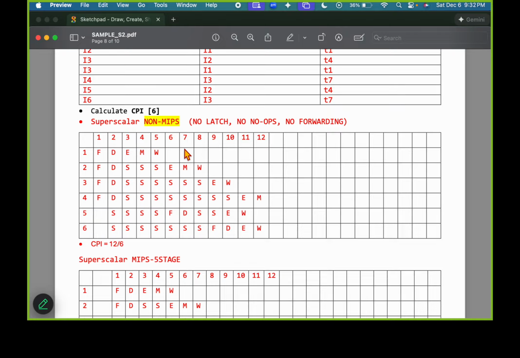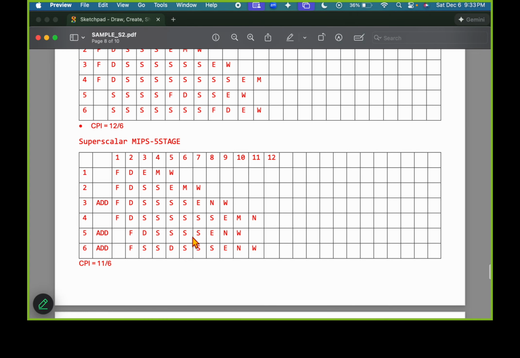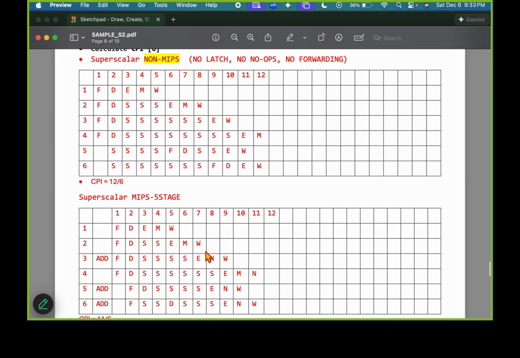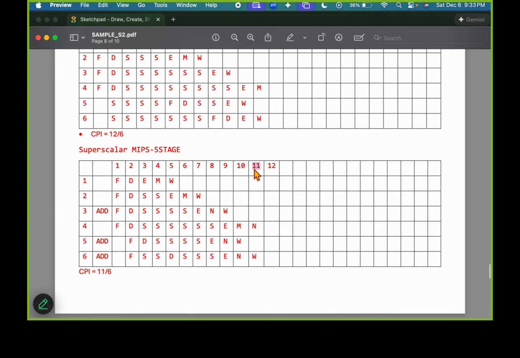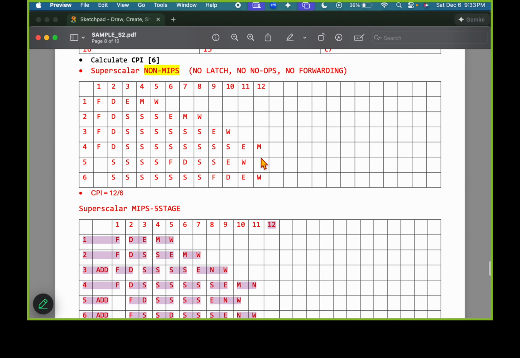And that no-ops is kind of what staggers these things when we have these stages that don't perfectly line up to one another. This one over here is dealing with MIPS 5 stage, right? Now we have no-ops. So, ironically, notice this ends 1 cycle sooner than this one over here.